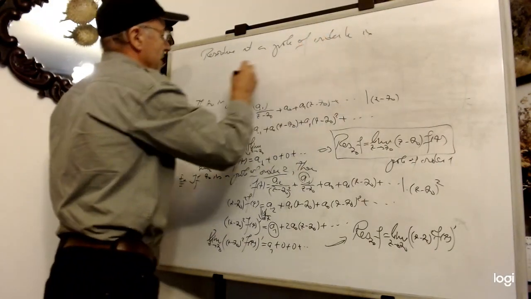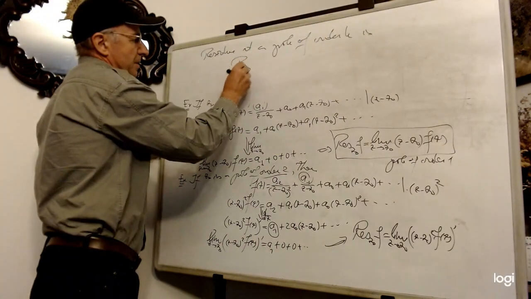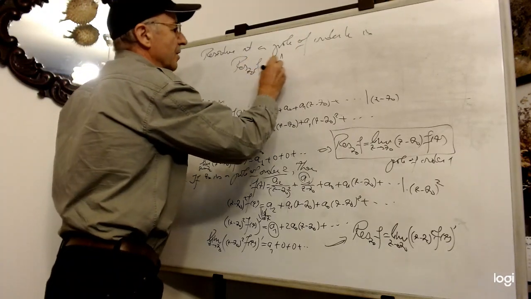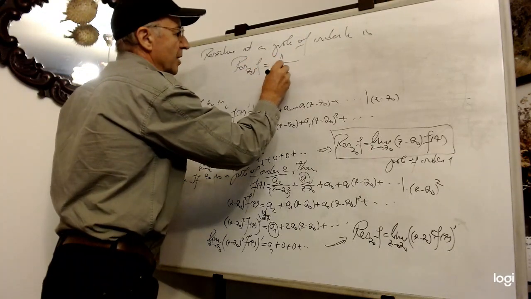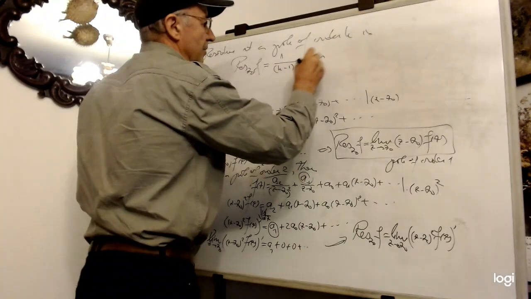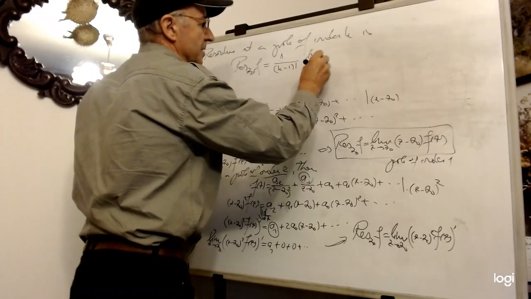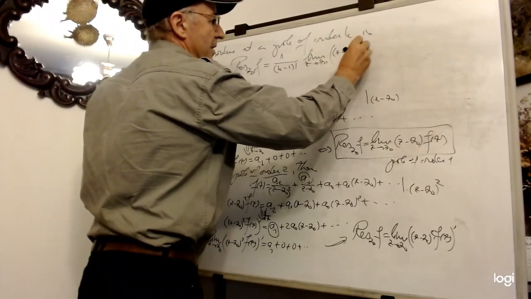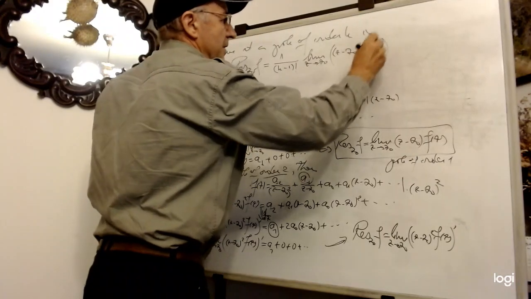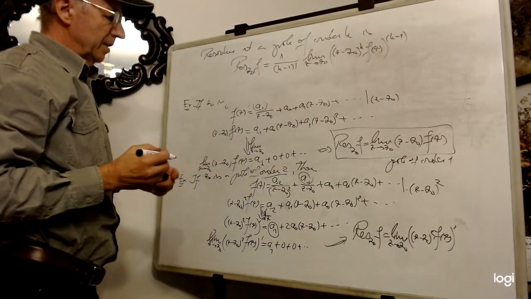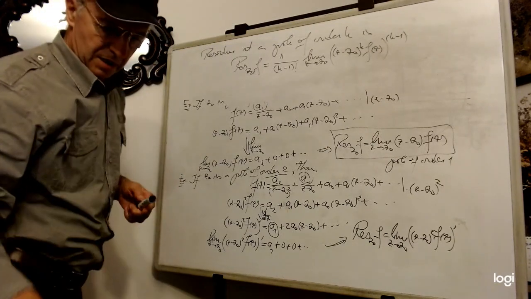The residue at z0 of f is 1 over (k - 1) factorial times the limit for z going to z0 of the derivative of order k - 1 of (z - z0)^k f(z). We get this formula.